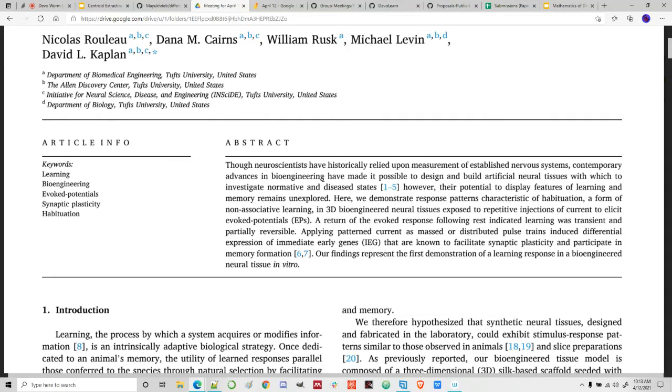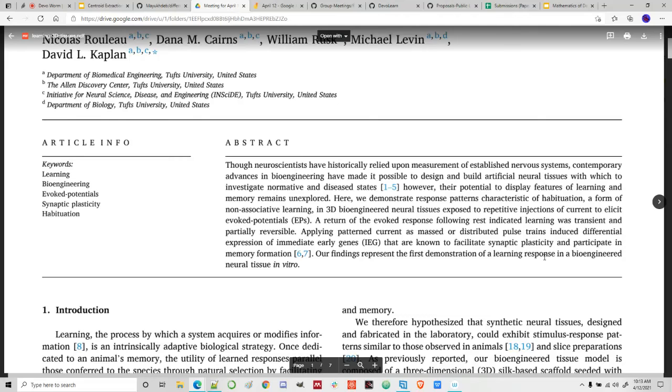They're genes that respond to stress, like the first set of genes that respond to stress, and people have studied immediate early genes in a lot of different areas of gene expression, but it's also a signature of plasticity and memory formation. So this is the first demonstration of a learning response in a bioengineered neural tissue in vitro.